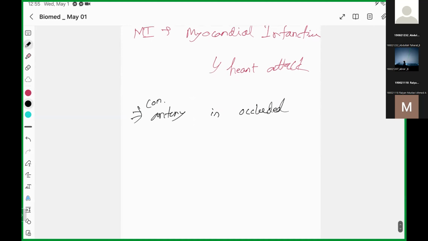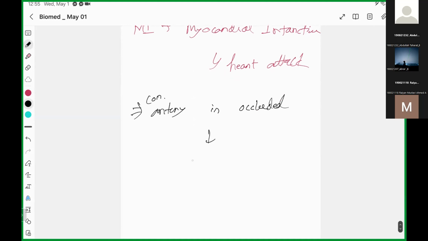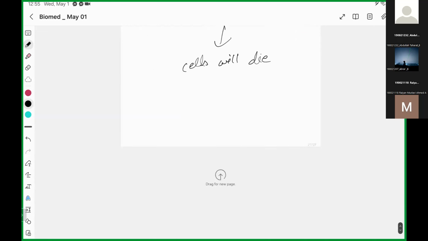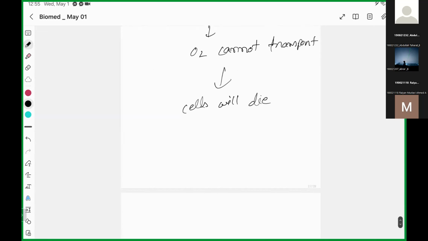If the artery is occluded, oxygen cannot pass and cannot be transported properly, so your cells will die. Now, if the heart cells die, will they be able to regenerate? No. The heart cells cannot regenerate.